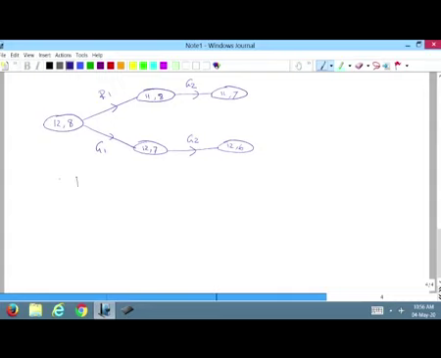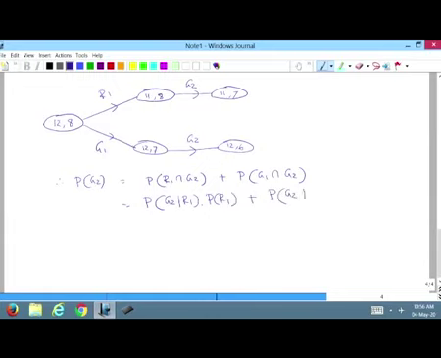Therefore, the probability of G2 is equal to the probability of R1 intersected with G2 plus the probability of G1 intersected with G2. We can write this as the probability of G2 given R1 multiplied by the probability of R1, plus the probability of G2 given G1 multiplied by the probability of G1.